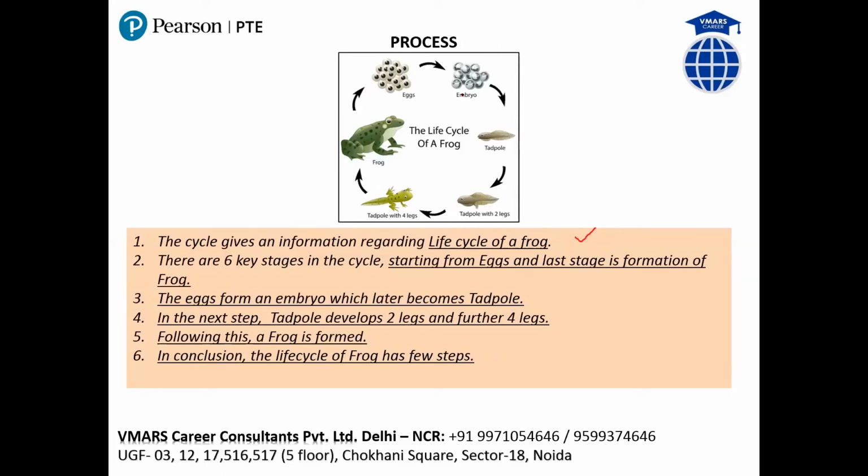You may get an image in which there are 10 stages, 12 stages. So obviously, you can say there are 10 key stages. Or if you think some stages are major, then you can speak only about those. Out of 10, if you think these 5 stages are important, you can use that also. So there are 6 key stages in the cycle.